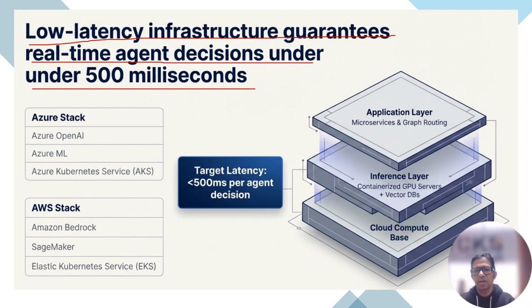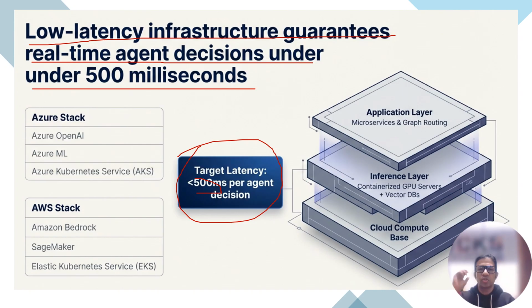Now look at the center box. Target latency. This number is not just engineering pride. This 500 ms is what makes the system feel like a real product inside an enterprise workflow.